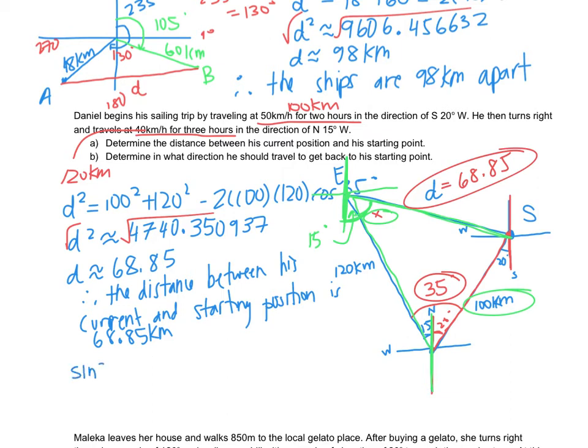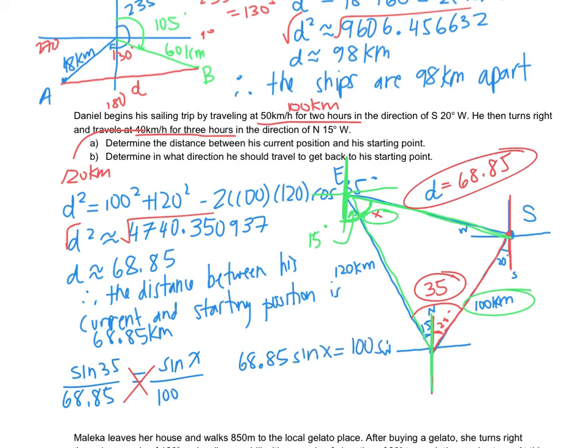So sine 35 over the 68.85 equals sine X over 100. I'm going to cross multiply here so that I get 68.85 times sine X equals 100 times sine 35.